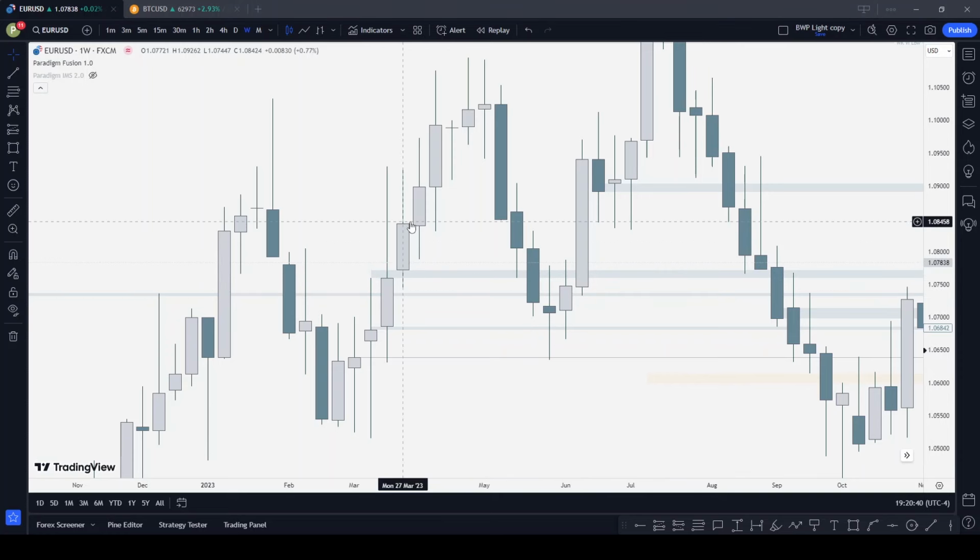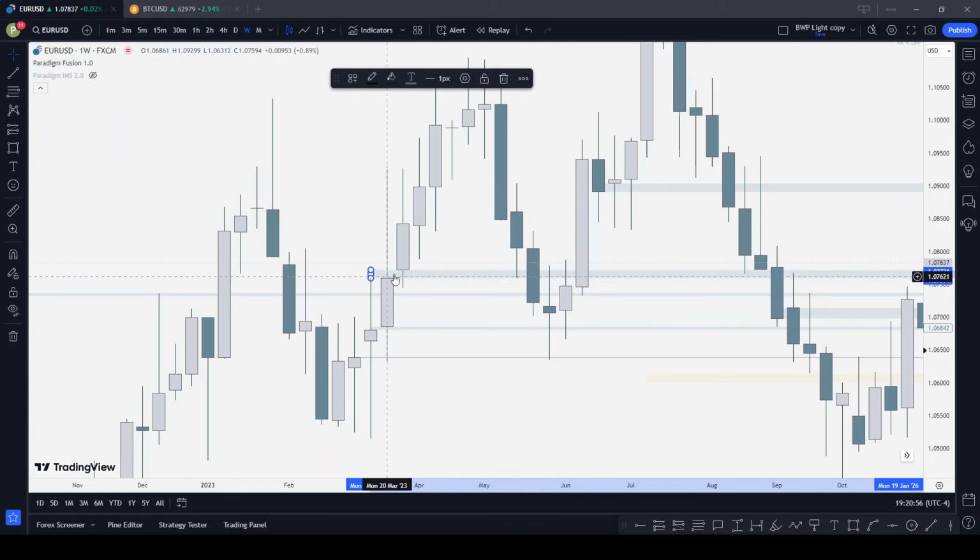at the end of the week we had a close above that new week opening gap. So the initial state of this new week opening gap is what? Bullish. Alright, and when we get a close below the new week opening gap, the state of that new week opening gap is going to switch bearish.